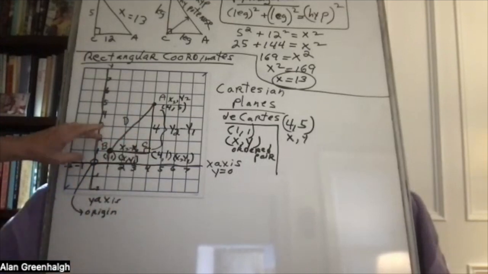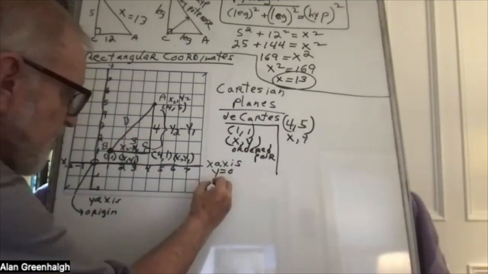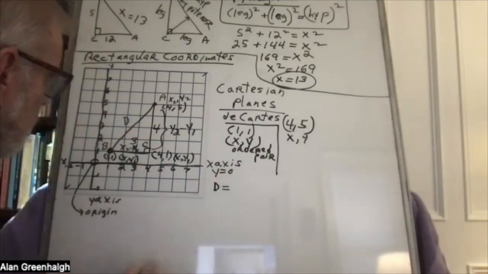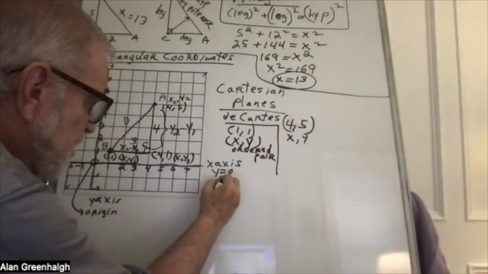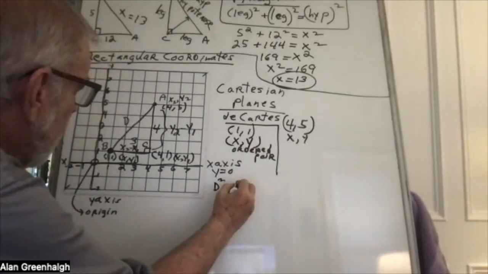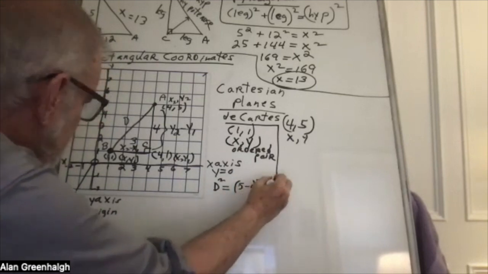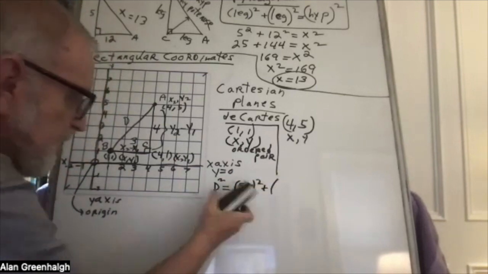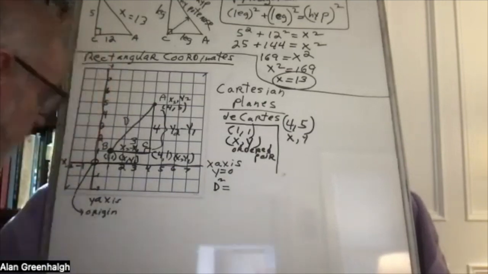That's how you find out how long this line is. Or you could just count boxes as we did. So this is equal to 3. And now the distance is equal to, well, d squared, which is the Pythagorean theorem, is equal to 5 minus 1 squared plus, I'm actually doing y squared plus x squared. So let's keep it as x squared plus y squared, okay?